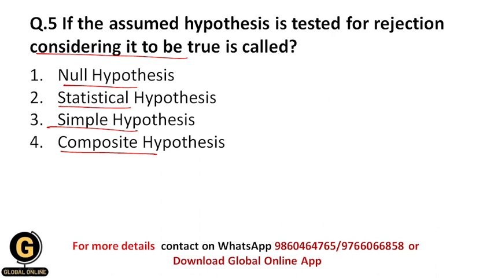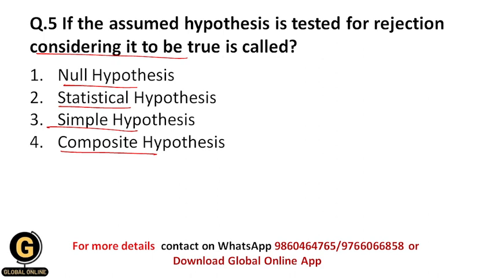So students, as I have told you in the previous videos as well, there is only one hypothesis which is called the null hypothesis, and that only we are going to test, okay? We don't test other types of hypothesis in the research process.